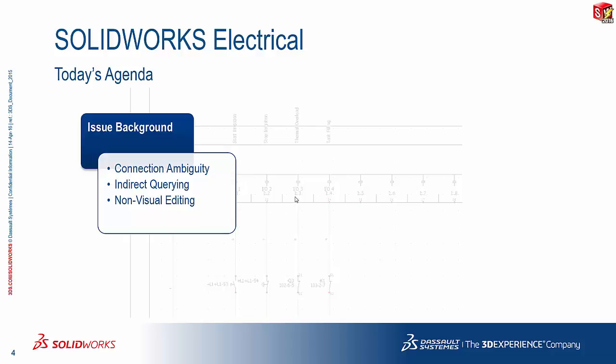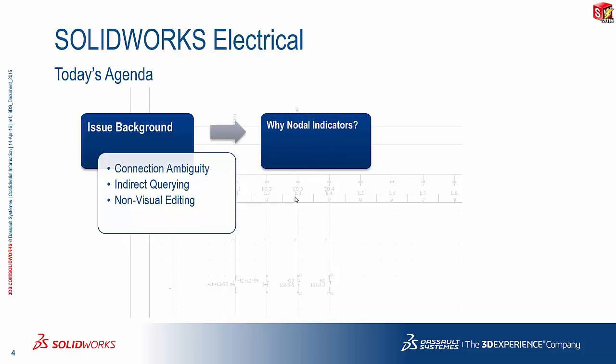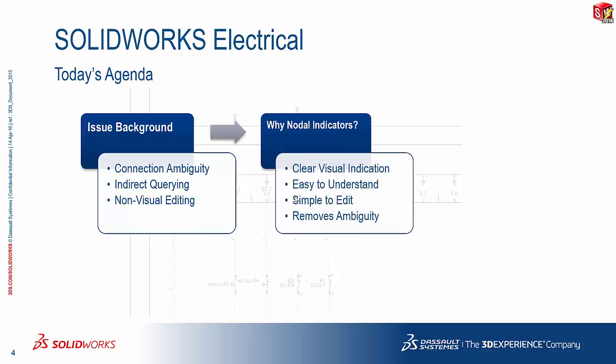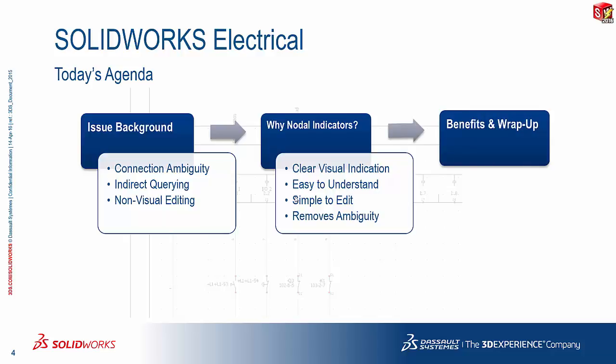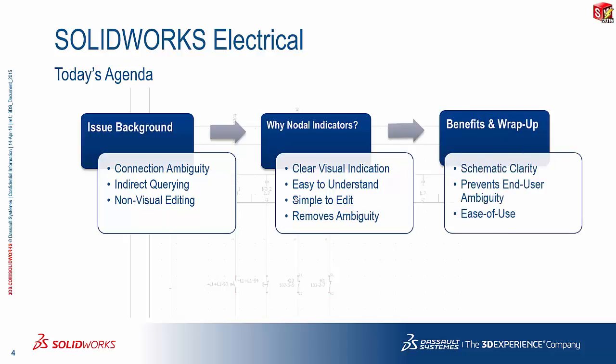The background: we have lots of connection ambiguity if you have your traditional 2D schematic tools being used to design your circuits. And of course, nodal indicators remove the ambiguity because they make it simple to understand. They also make it easy to use from a user standpoint, and the benefit is, of course, clarity and the removal of ambiguity, which was the initial issue to start off with.